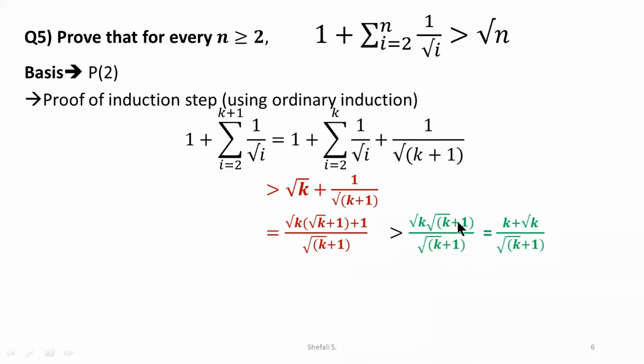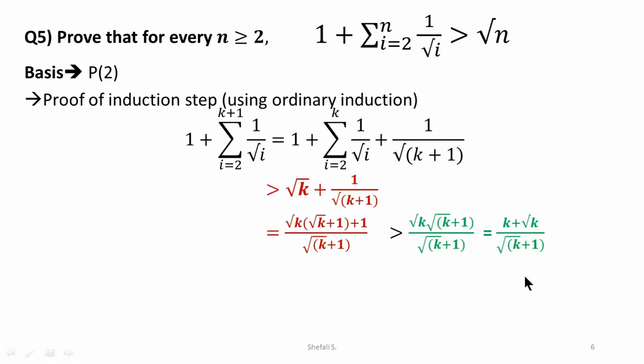Why did we do this? Because here is the additional 1, the plus 1 is there, and we have just not used that plus 1 here. So obviously this term should be greater than this green term. And that green term is equal to, you can go for certain simplification of this term.